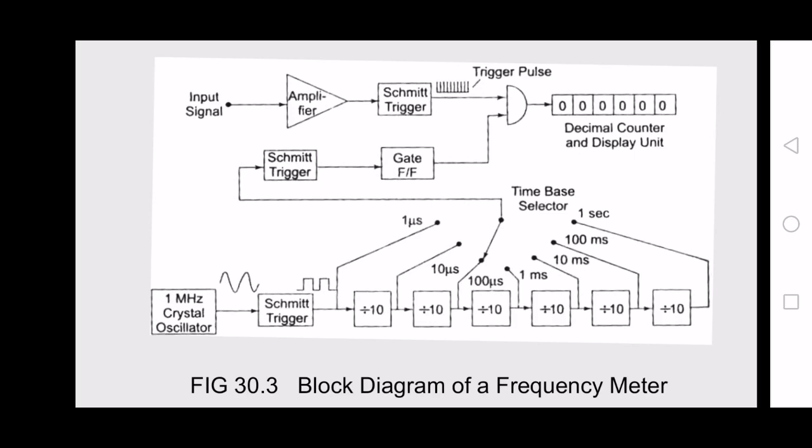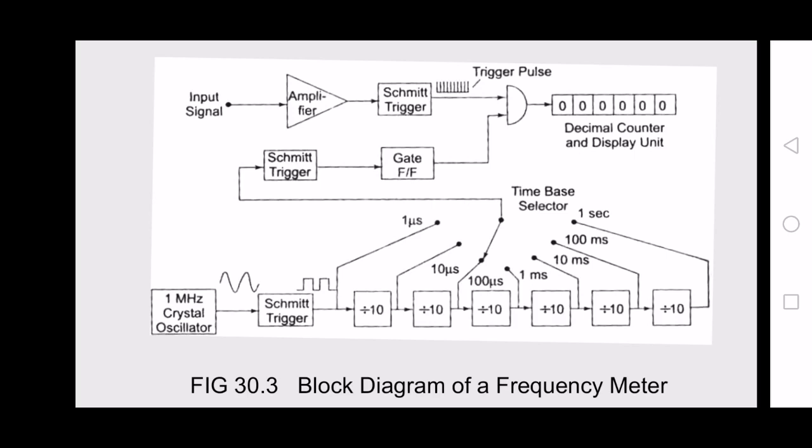So the first pulse enables the AND gate, and the second pulse from the same time base selector, applied to the gating flip flop, removes the enable signal from the AND gate, thereby closing the count.